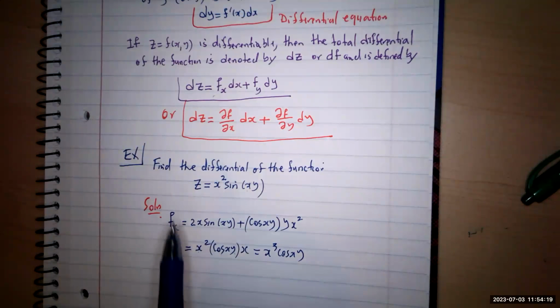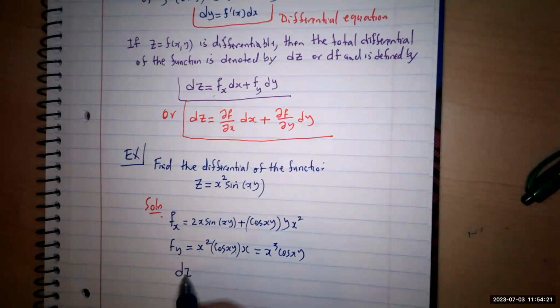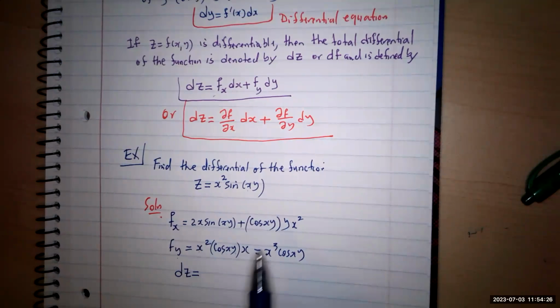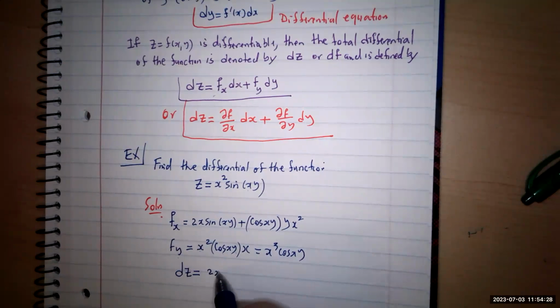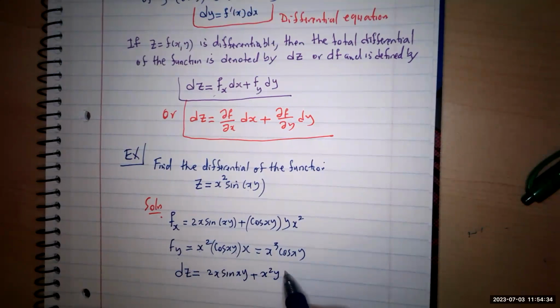So give us the differential of the z. Differential of the z is going to be partial with respect to the x. This is it. So we have 2x sine of xy plus, I put this one up in front, x squared y cosine of the xy times dx.